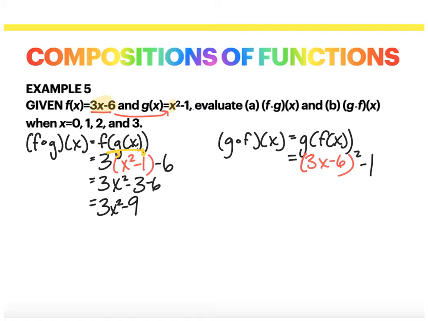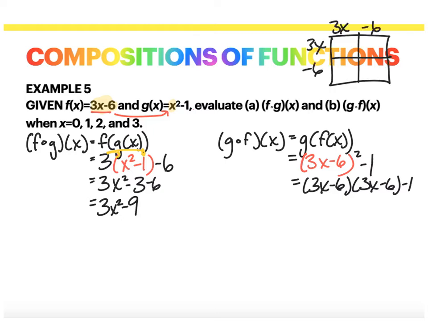And then for this function, this one's a little bit more complicated because we have (3x minus 6) times (3x minus 6), minus 1. It might help us if we did a box method to simplify the 3x minus 6 times 3x minus 6. So 3x times 3x is 9x squared. 3x times negative 6 is negative 18x. Same thing here.